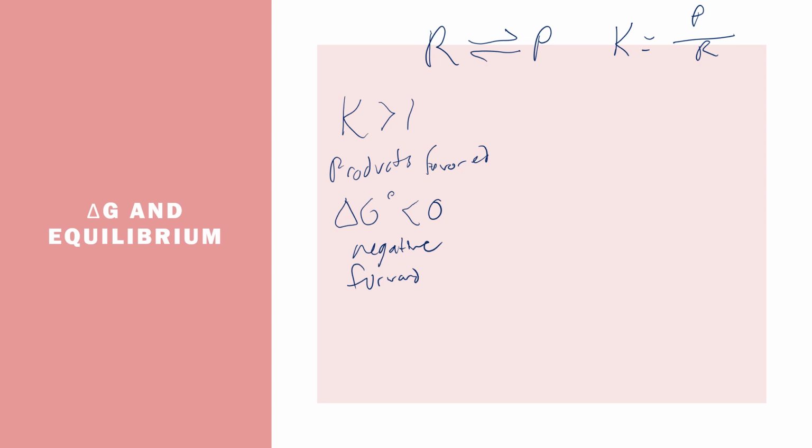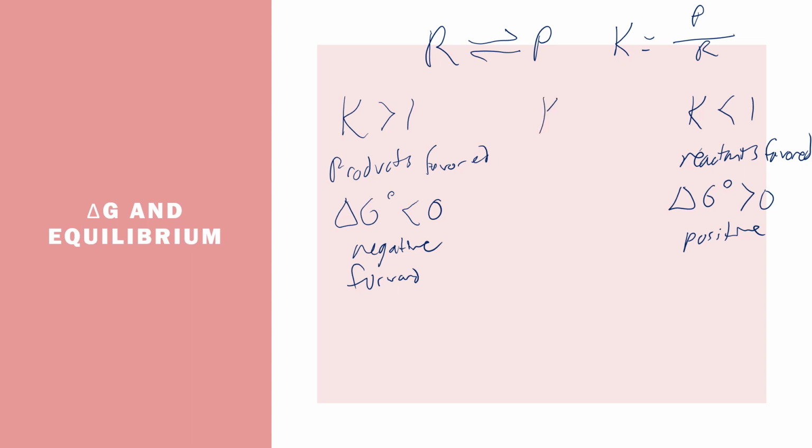If I have a situation where K is less than 1, I know that the reactants are favored. In this scenario, my standard delta G is greater than 0. So it has a positive value for delta G, and that means it is not thermodynamically favorable in the forward direction. We're always thinking about the forward direction.